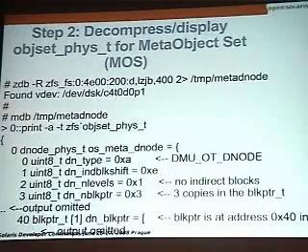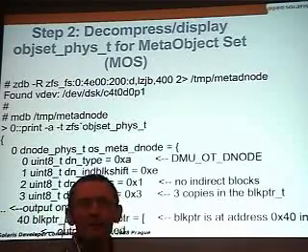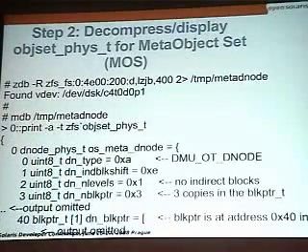So I basically take that 4E00 and run the modified ZDB and put the output into a file. We'll call it the metadnode file. So this is going to be the objset_phys_t data structure.